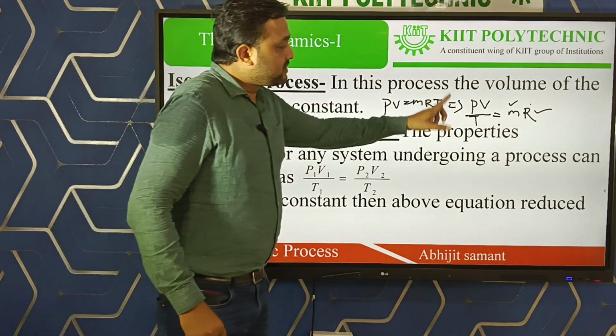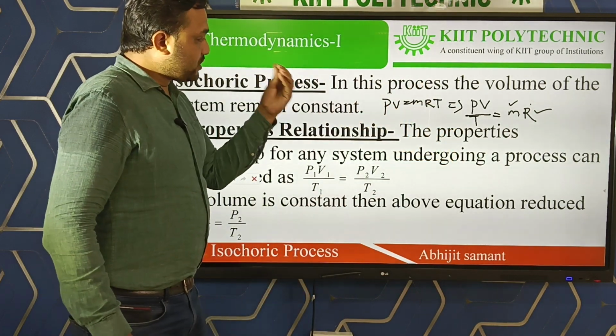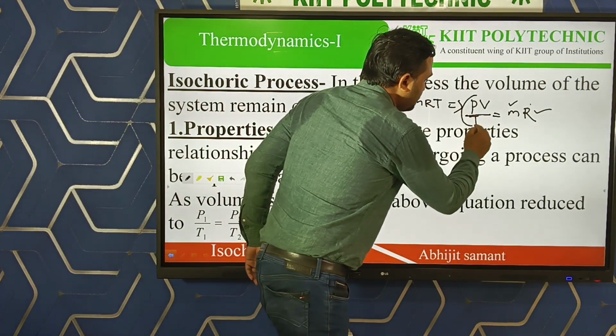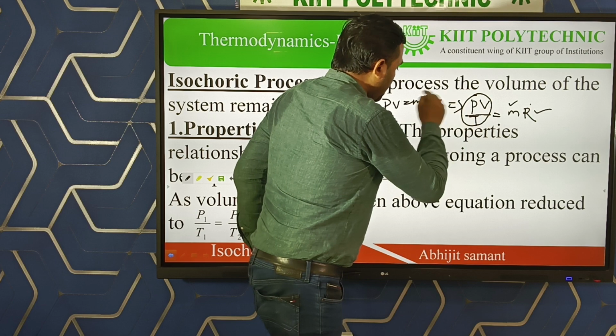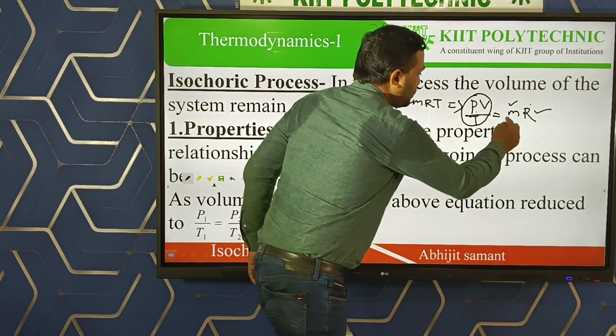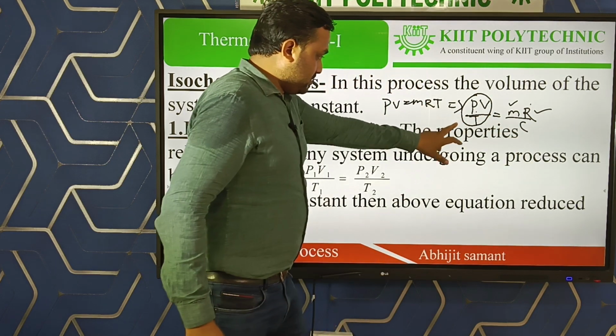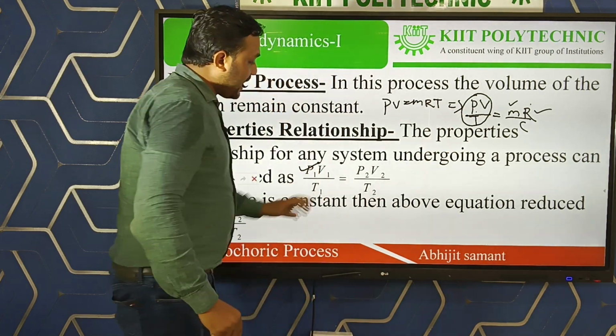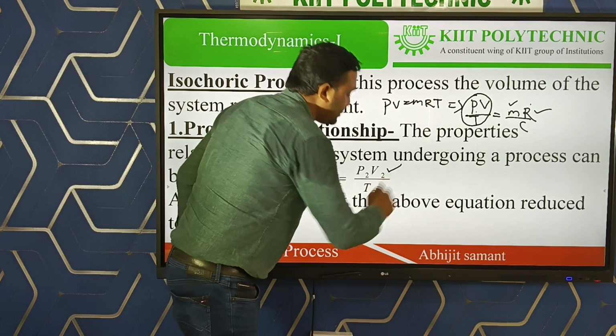As R is always constant, and we are taking m as a constant, from the ideal gas equation PV by T is equal to a constant. For the initial state it is P1 V1 by T1, and for the final state it is P2 V2 by T2.